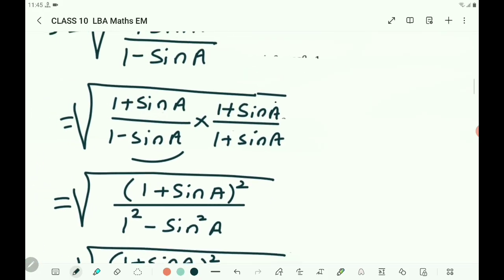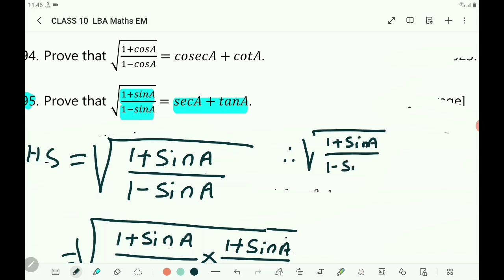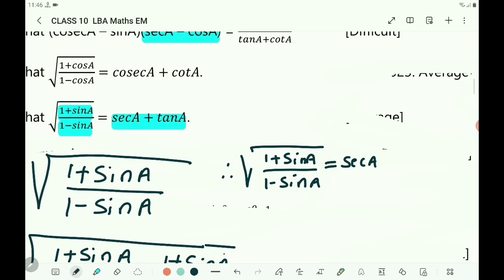Therefore, here what you got? Therefore, you write whole root 1 plus sin A by 1 minus sin A is equal to secant A plus tan A.